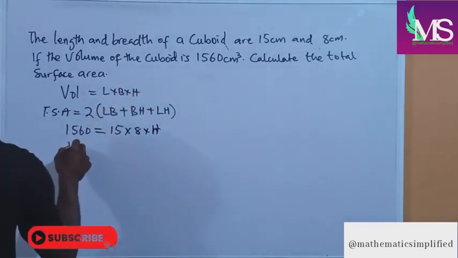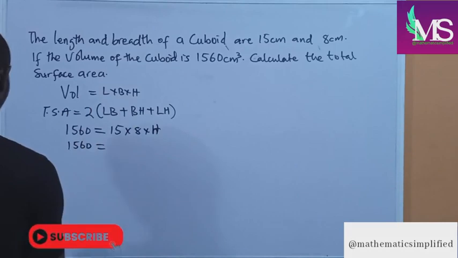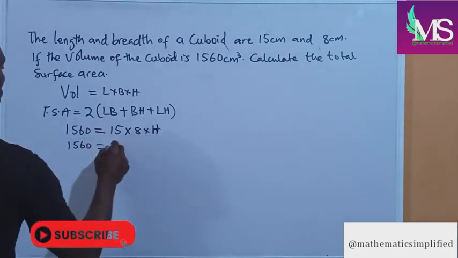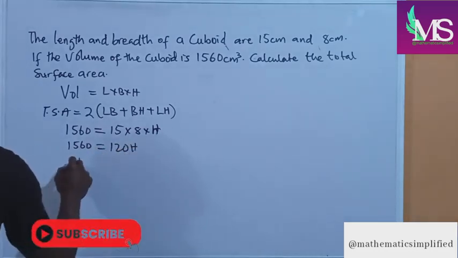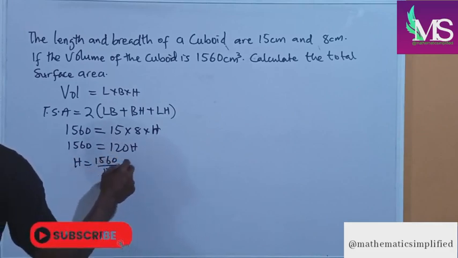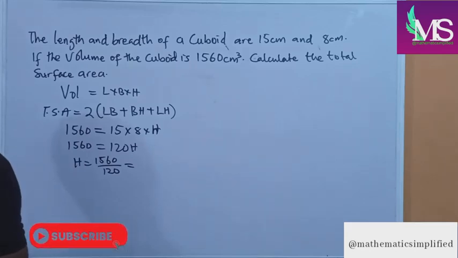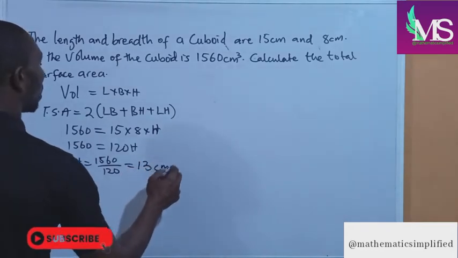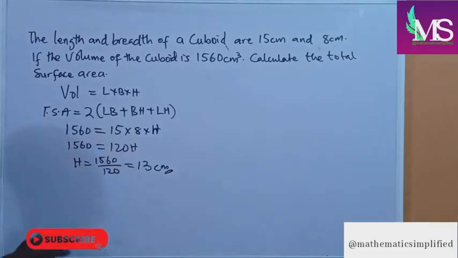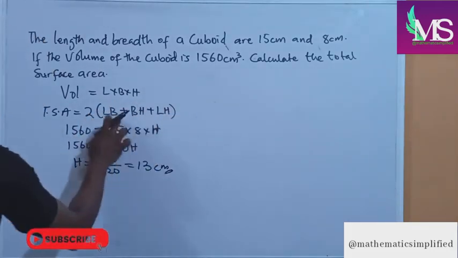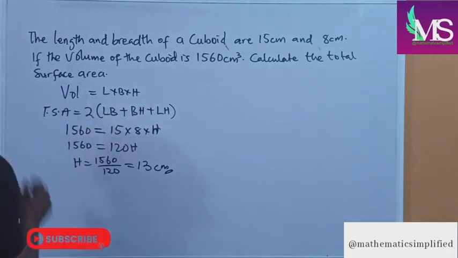So this becomes 1560 equals 15 times 8, 120h. So our h equals 1560 divided by 120, which will give us 156 divided by 12 will give us 13. So our height is 13 cm. Now, knowing that our height is 13 cm, we can now find our total surface area.